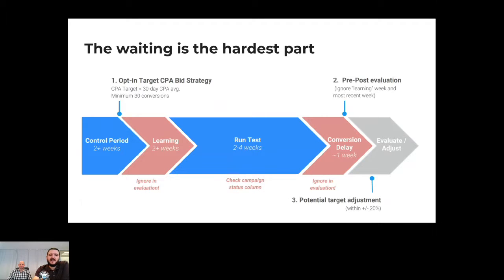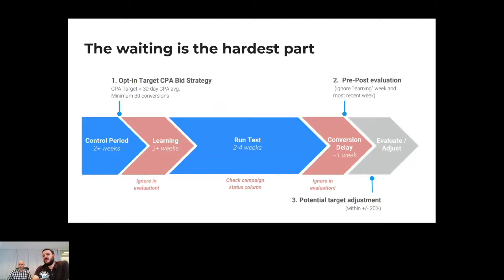So basically, you start with a couple of weeks of control period where you compare the current bidding strategy to the new one. Then you need to wait. Basically, it's the first whole month where you need to wait for the learning process to kick in. Then, after about 4 weeks, you can start comparing the results of the different bidding strategies.